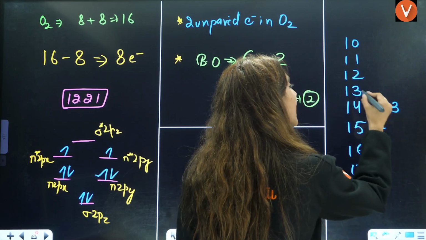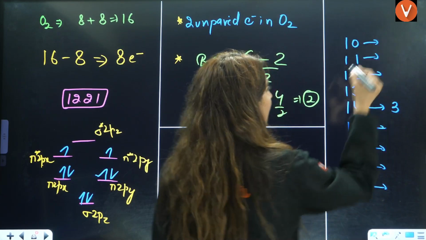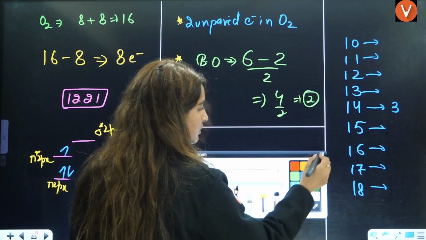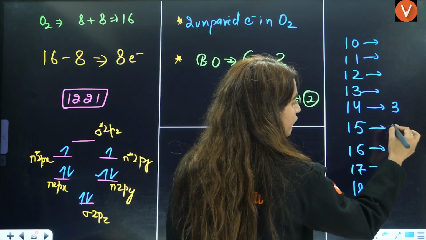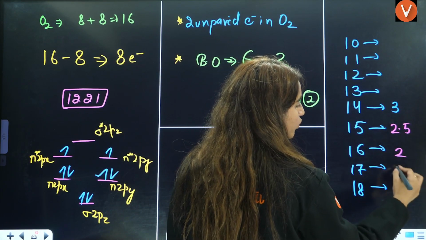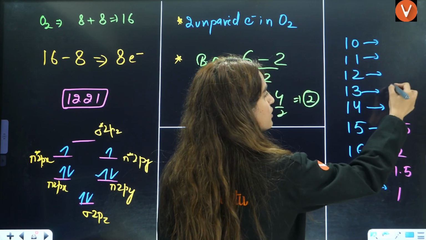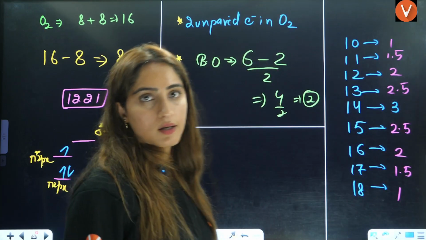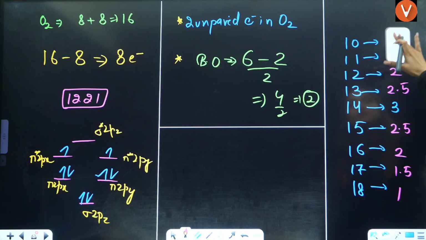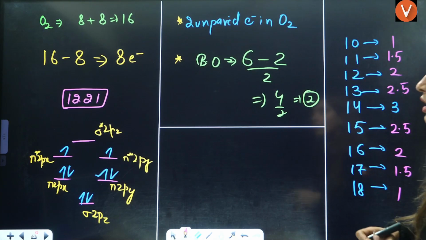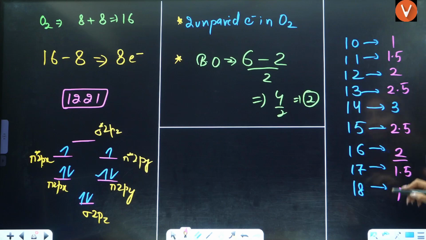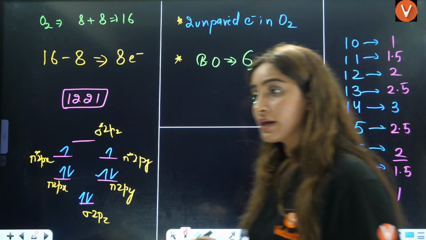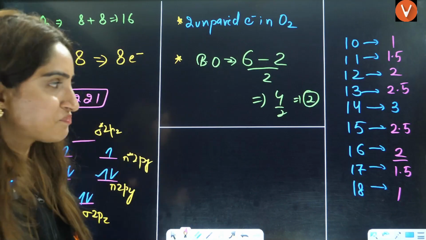You are just going to subtract 0.5 each time: 2.5, 2, 1.5, 1. So you can easily calculate directly that it is having 16 electrons, so the bond order is 2.